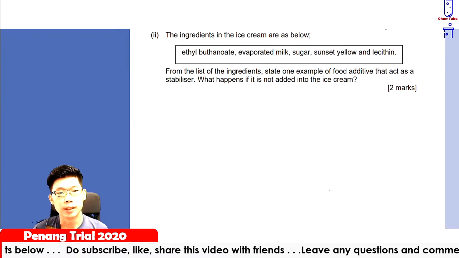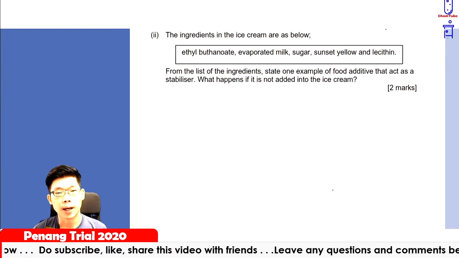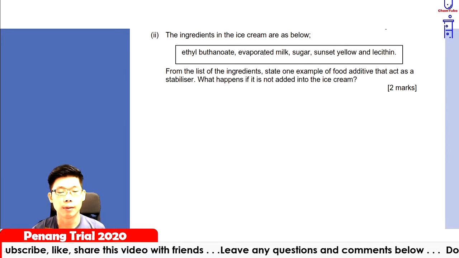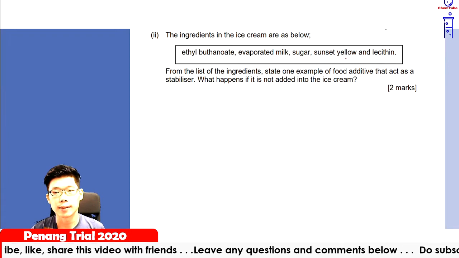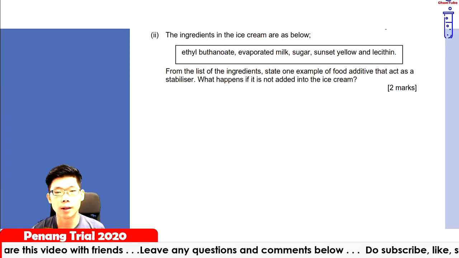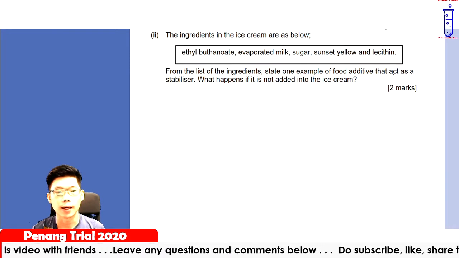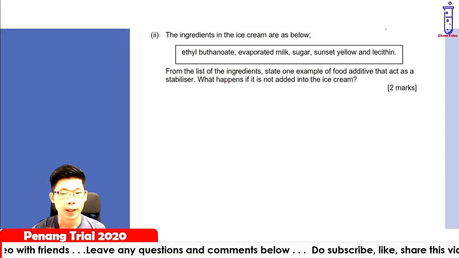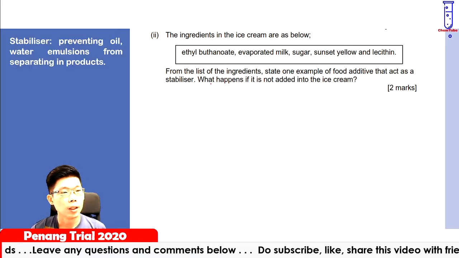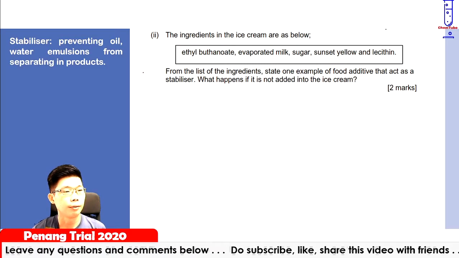Number 2, the ingredients in the ice cream are as below: ethyl butanoate, which is actually an ester, evaporated milk, sugar, sunset yellow, and lecithin. From the list of ingredients, state one example of a food additive that acts as a stabilizer.